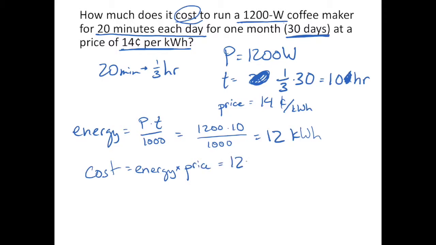So you get 12 times 14. Plug this into our calculator, and we get 168 cents, which is the same thing as $1.68. So your cost per month to run this coffee maker is going to be $1.68.